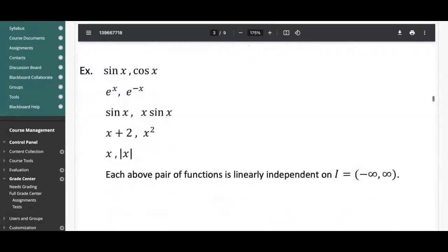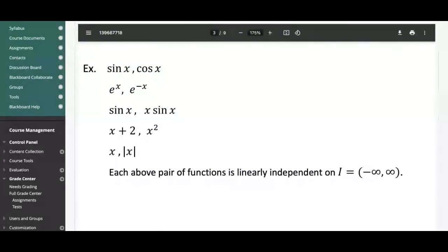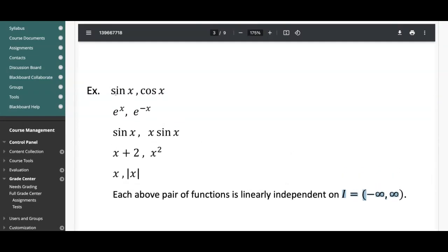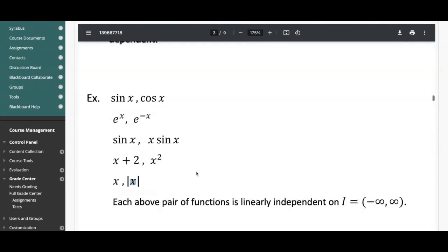So let's see this example. Each above pair of functions is linearly independent on all real numbers: sine x, cosine x; e to the x, e to the negative x; sine x, x times sine x; plus 2, x squared; x, absolute value of x.